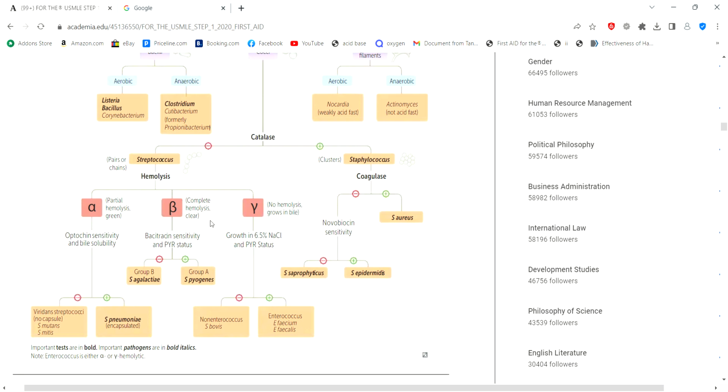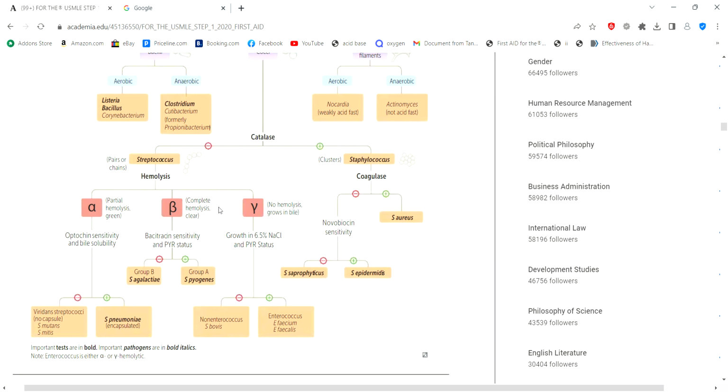Okay, so now we're done with alpha hemolysis. Now we're going to go to beta hemolysis. This is complete hemolysis. So here everything around the bacteria will turn yellow. And here again, bacitracin is an antibiotic, and we also have PYR status.